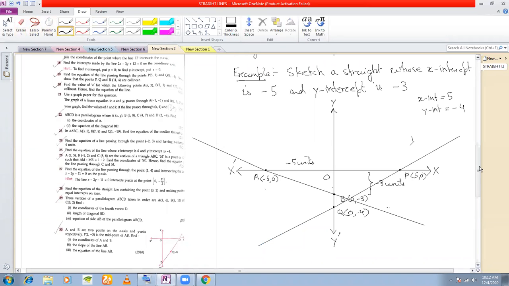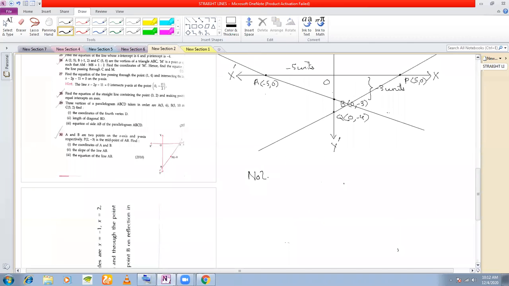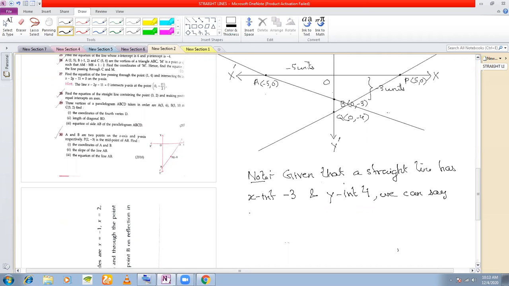Also, another thing to note here, remember this because we'll be using this in the problems: given that a straight line has x-intercept -3 and y-intercept +4, we can say that (-3, 0) and (0, 4) are points on the straight line.